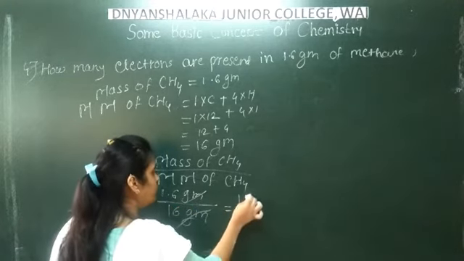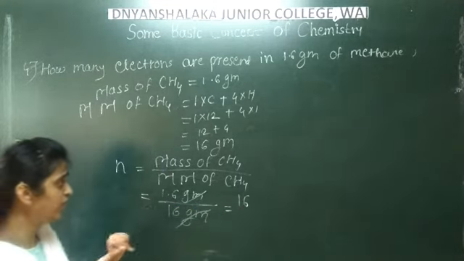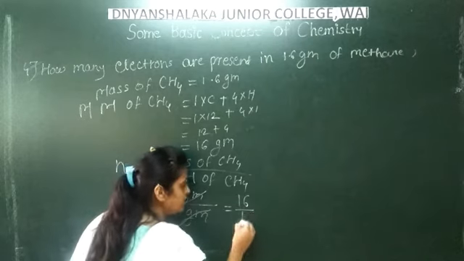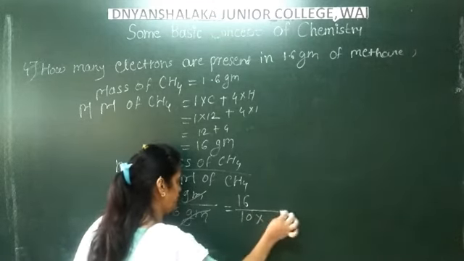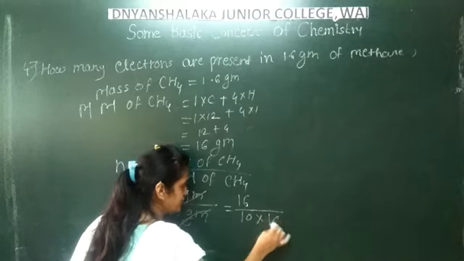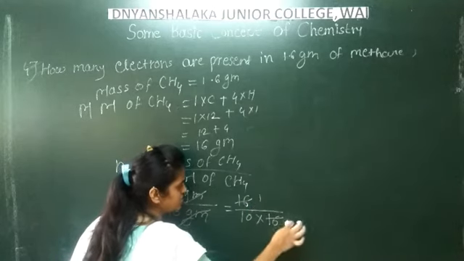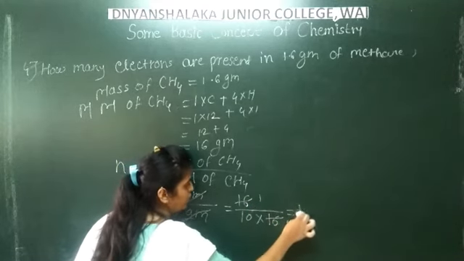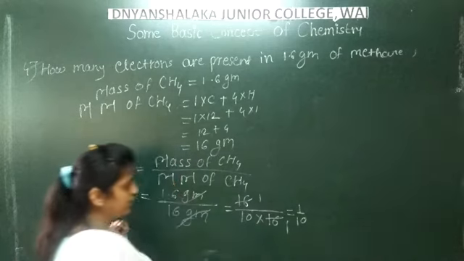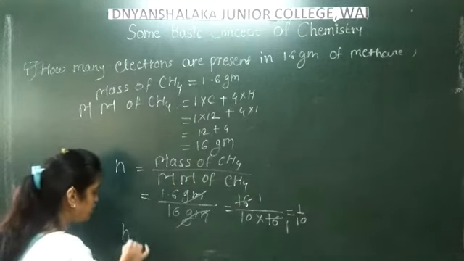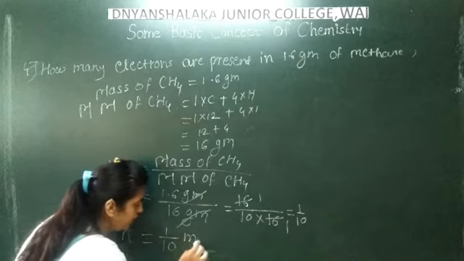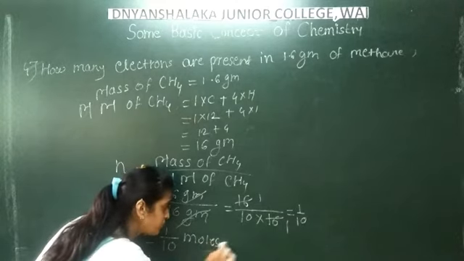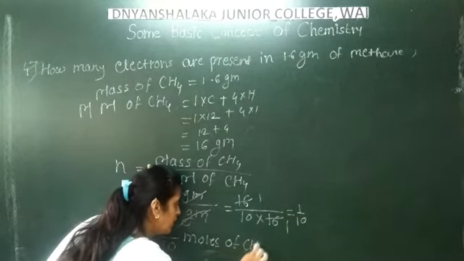Removing the decimal point, we get 16 upon 10 into 16. 16 ones are 16, 16 ones are 16. So we get the number of moles as 1 upon 10. So n, the number of moles, is 1 upon 10 mole of methane.